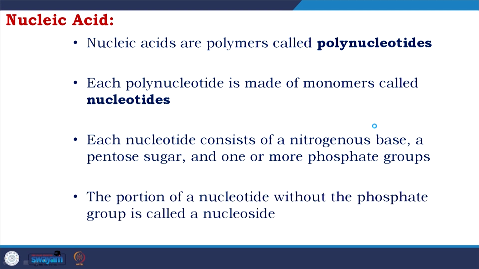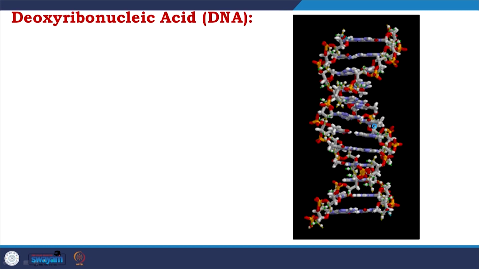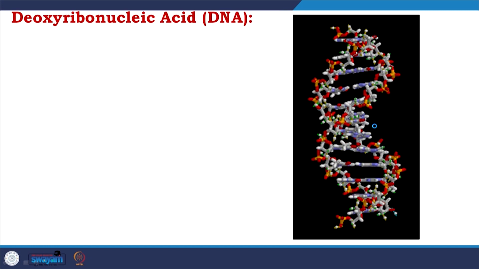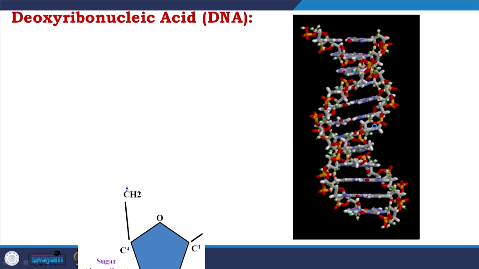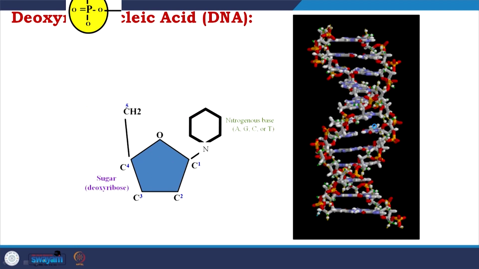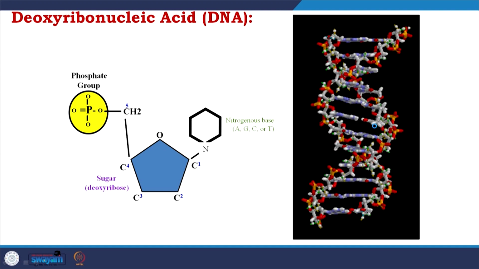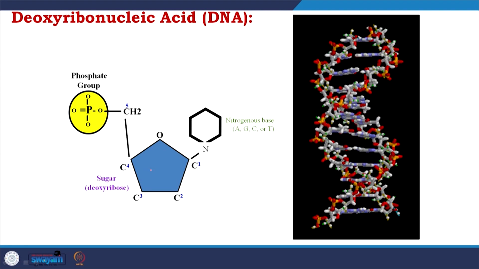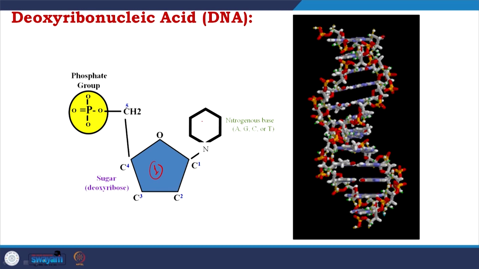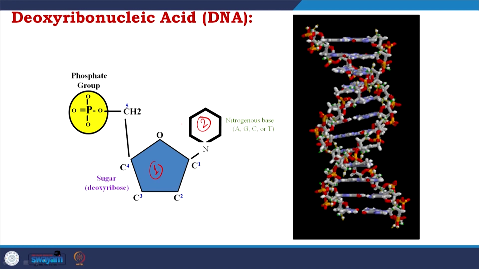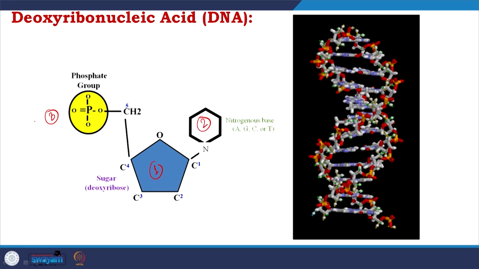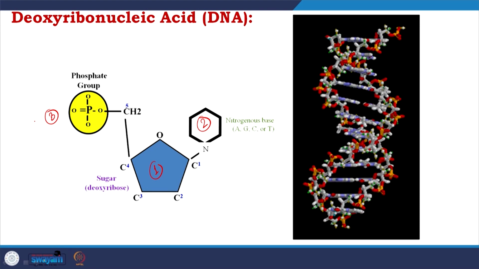The portion of the nucleotide without the phosphate group is called the nucleoside. If you look at this animation, it would make it more clear. There are three components: the sugar, the nitrogenous base and the phosphate group. The first one is the sugar, the second one is the nitrogenous base and the third one is the phosphate group.